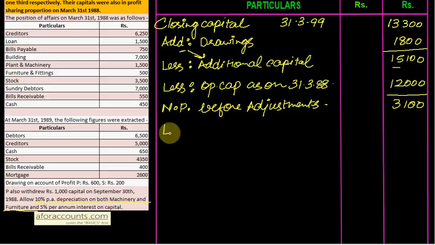Depreciation charge on asset, less depreciation on machinery. Machinery of 1,500, 10% of that comes out to be 150. And how much is the furniture? Furniture is 500 and 10% of 500 is 50. So 50 for furniture.